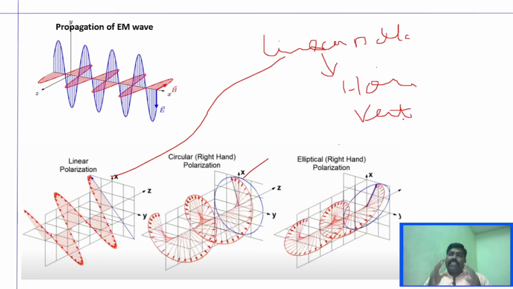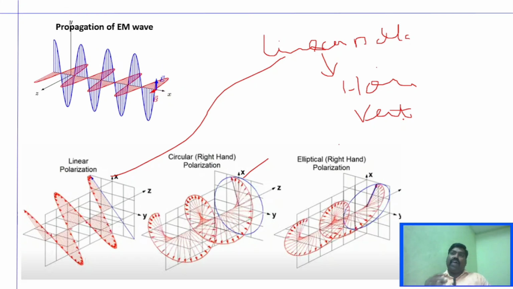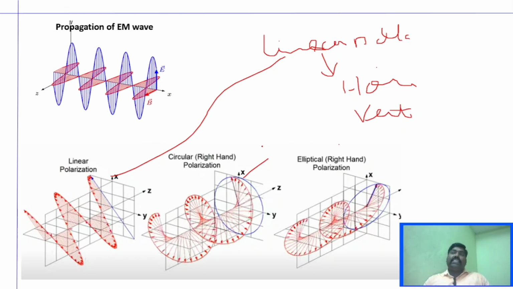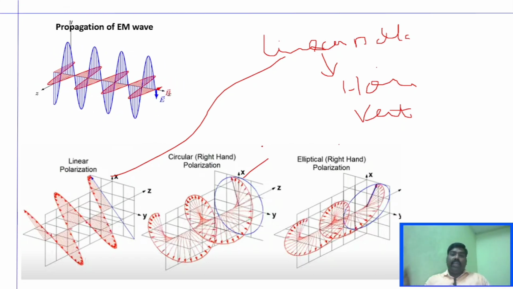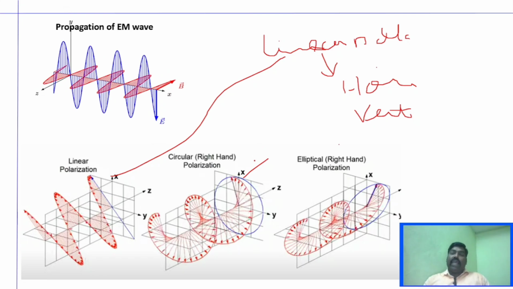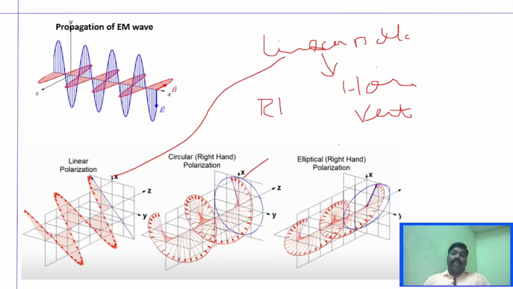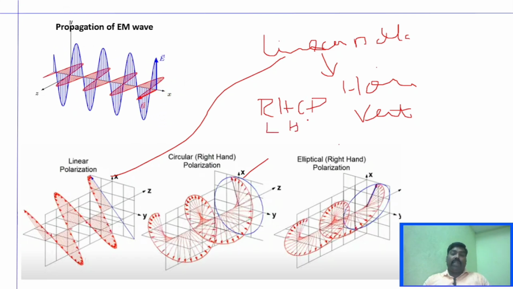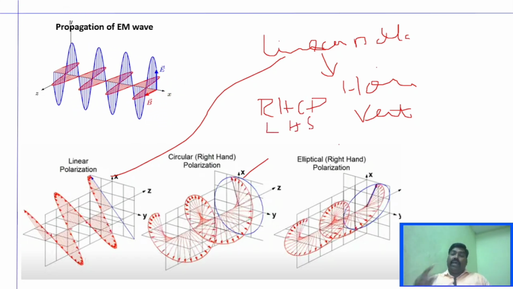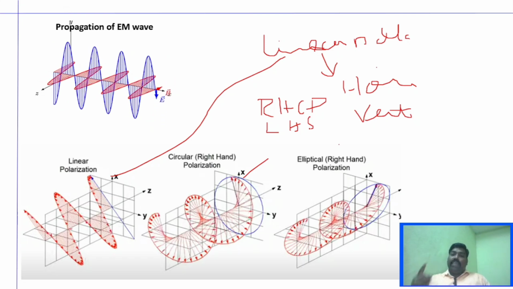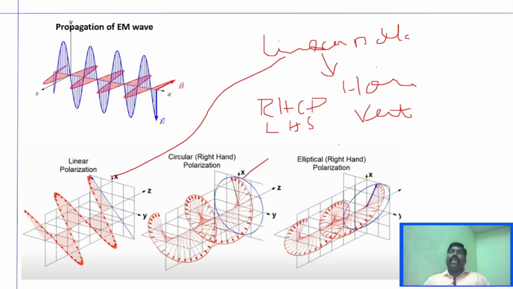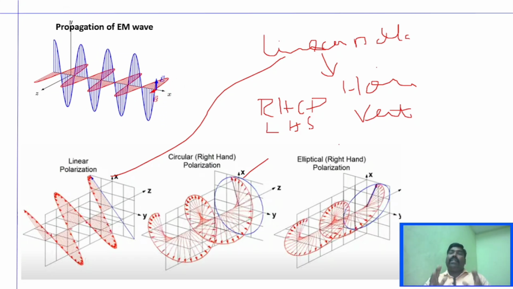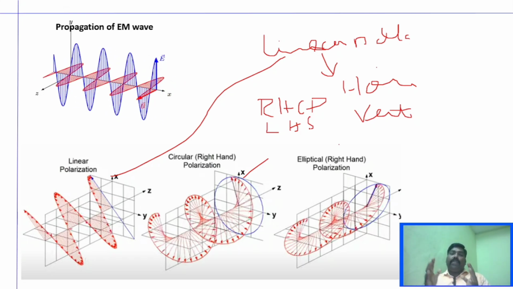Similarly, we have circular polarization, where the RF wave rotates, and this circular rotation can be either towards the right side or the left side, so we call it RHCP or LHCP, which is right hand or left hand circular polarization. Similarly, the wave can also rotate elliptically. That is called elliptical polarization. So polarization is nothing but the direction of the electric field produced by the antenna.